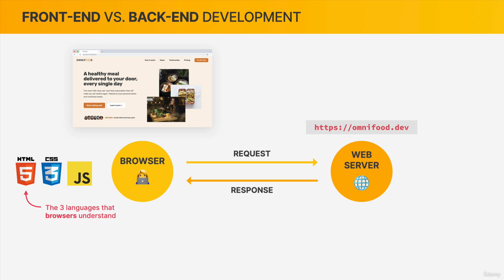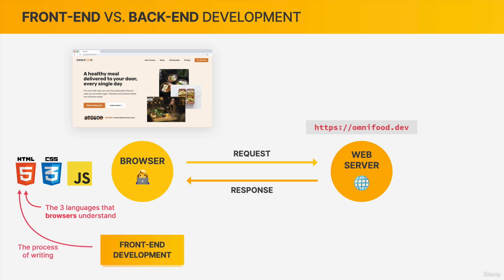Okay? And with this, you already have a good understanding of what actually happens when we browse to a website, and also about the technologies that we use to build any website. And that process of writing HTML, CSS, and JavaScript code that the browser can understand is a process that we call front-end web development.